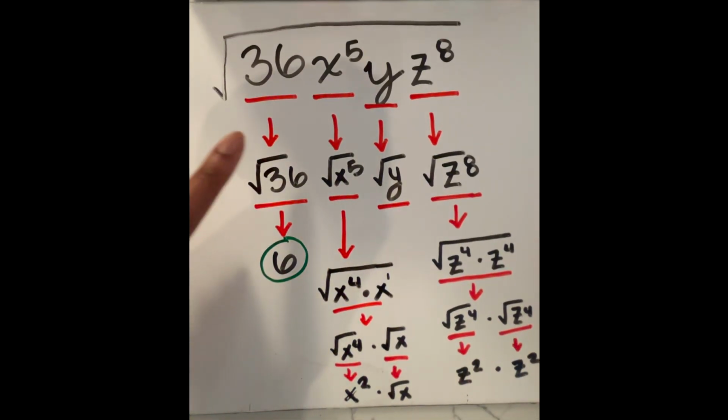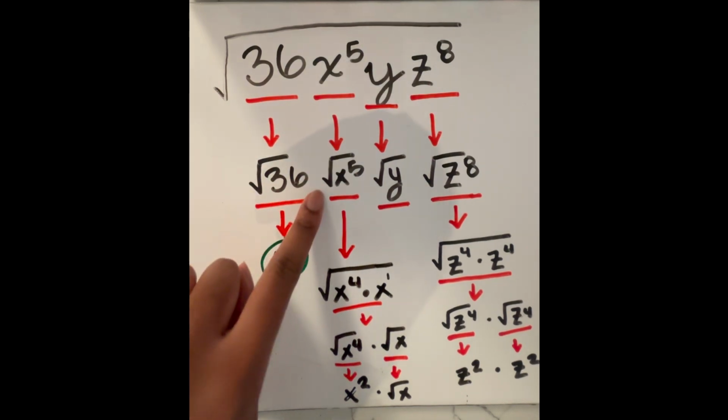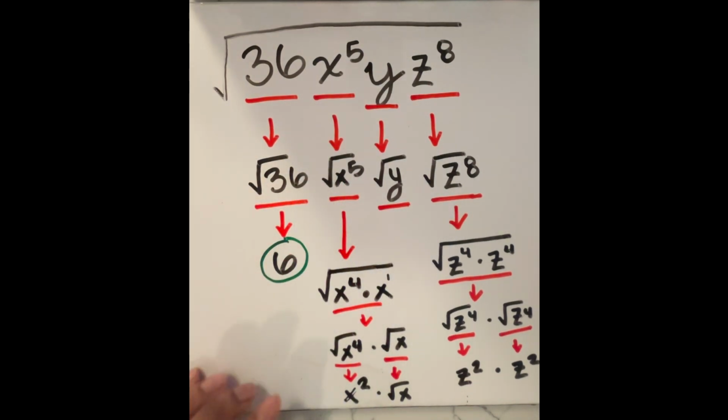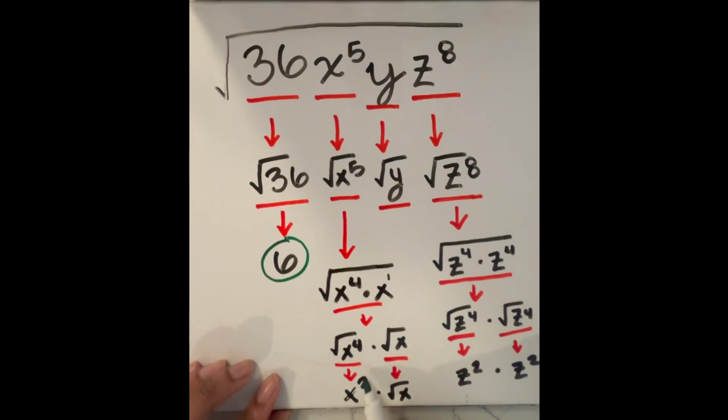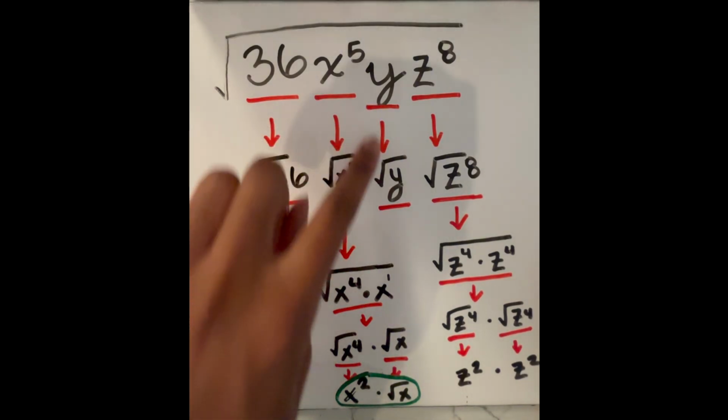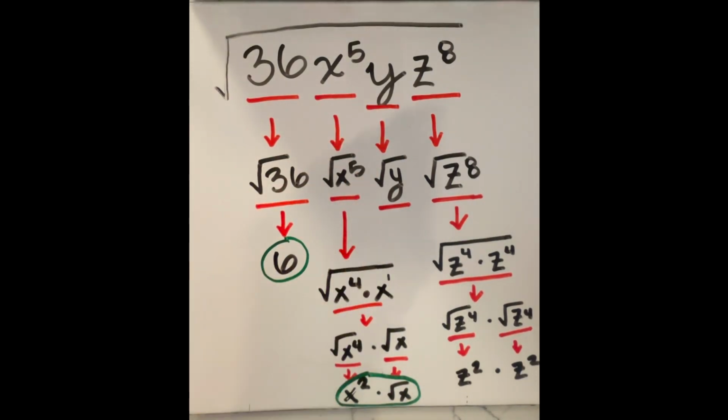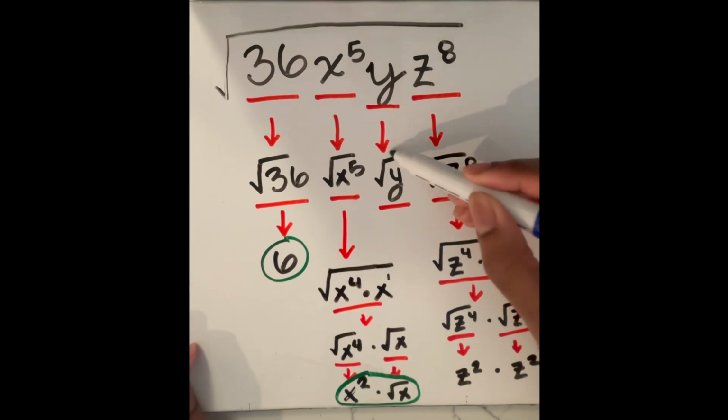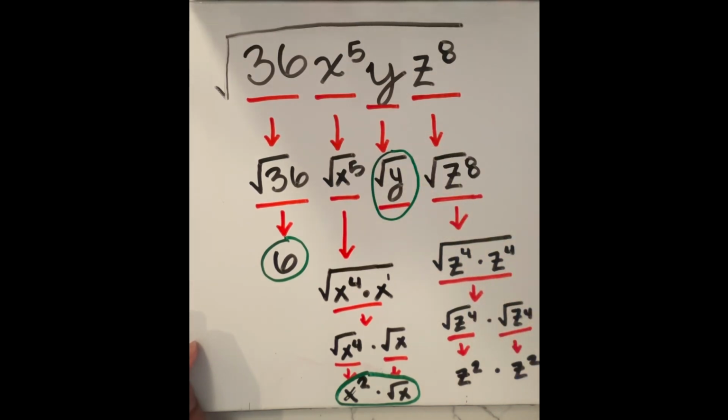And then for the square root of x raised to the power of 5, we have x squared times the square root of x. And then for the square root of y, we know that that's just going to be left as the square root of y, so I can circle that in.